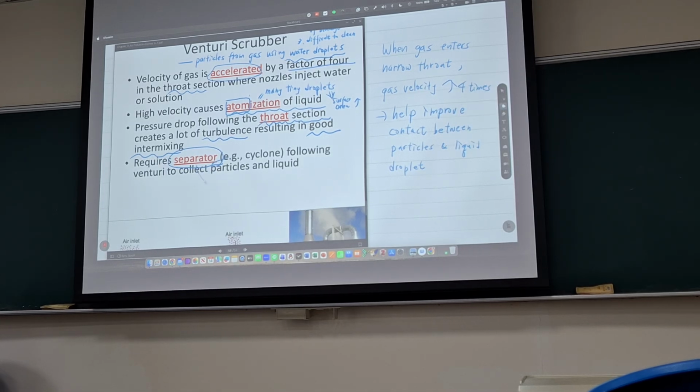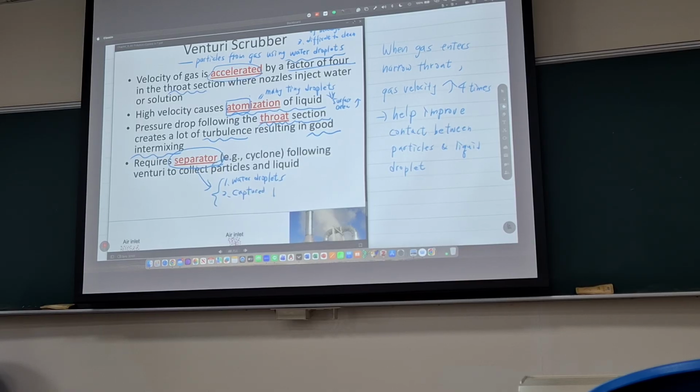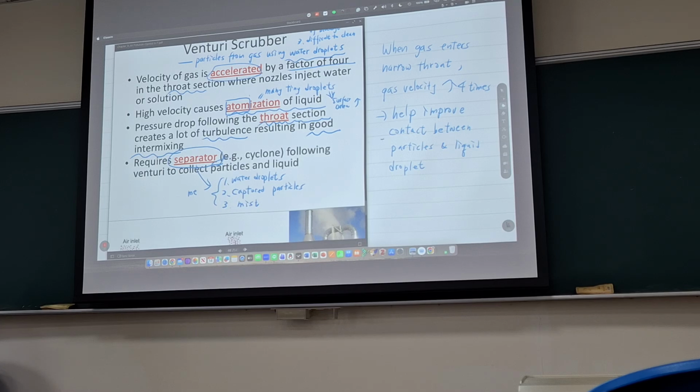So the separator removes water droplets, particles, and also some mist.